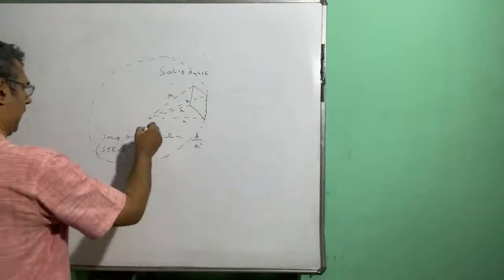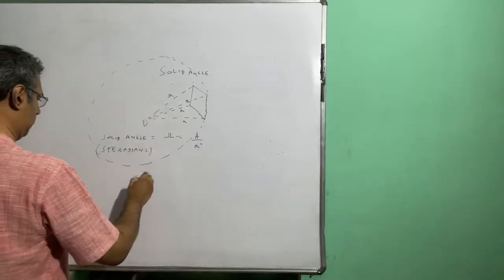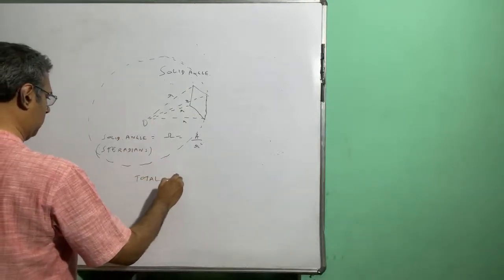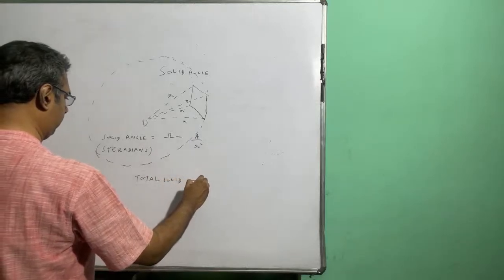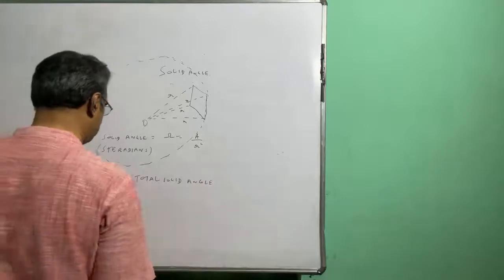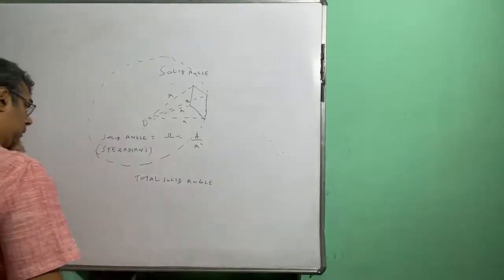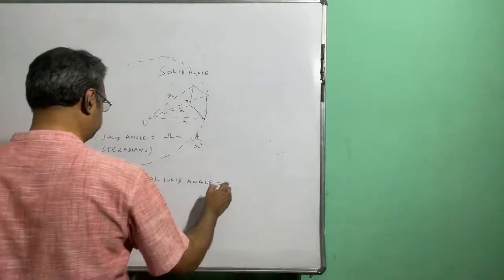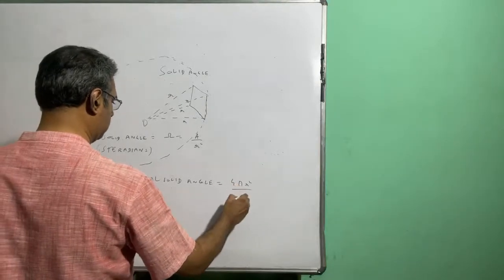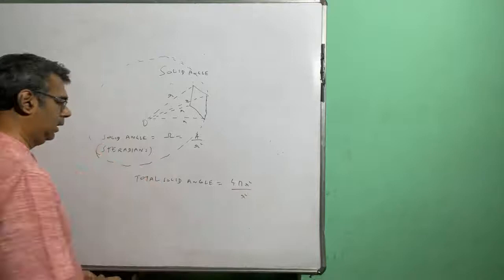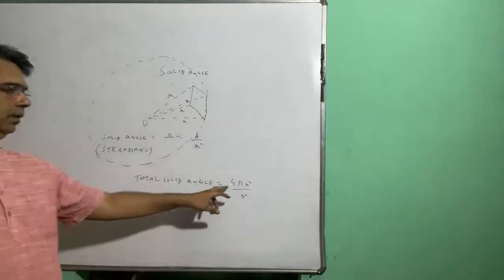At the center of the sphere, the total solid angle will be equal to 4 pi r square divided by r square. How is this formula coming?